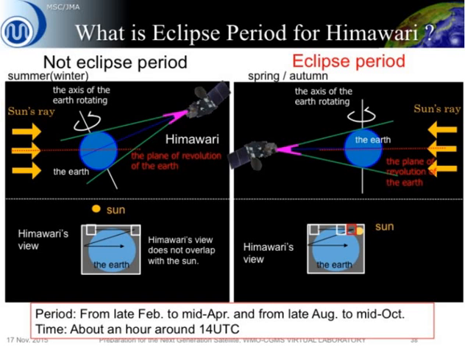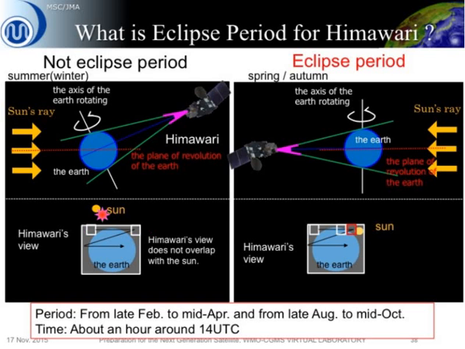When it is summer or winter, they are not eclipse periods. The sun does not enter the AHI field of view like this figure. The sun is out of the Himawari AHI field of view.